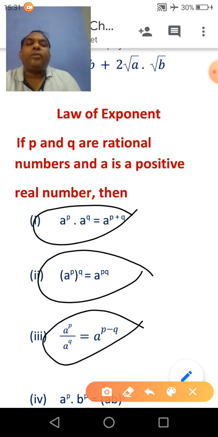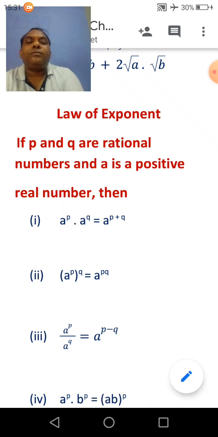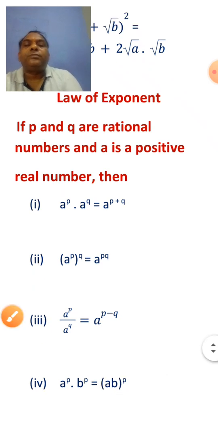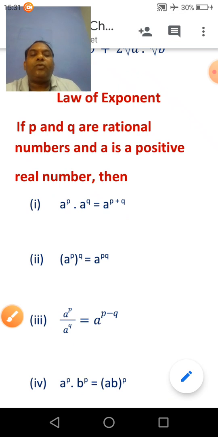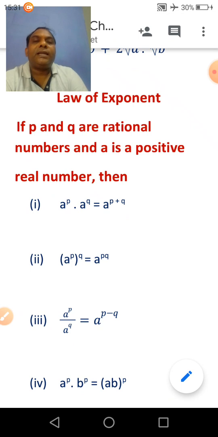A to the power p upon a to the power q is equal to a to the power p minus q. And a to the power p into b to the power p is equal to ab to the power p. Clear? So this is the summary of chapter first.